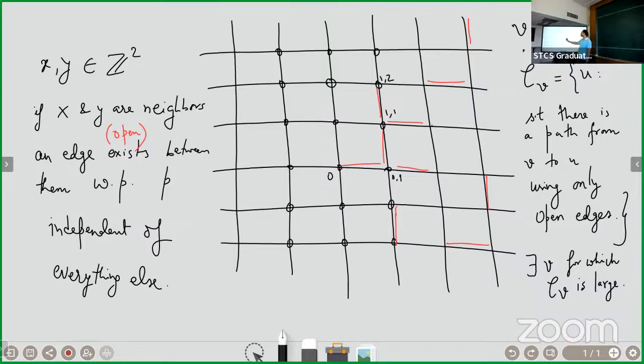So I can look at any one particular vertex and its connected component. In particular, we just look at the origin. Percolation happens if the probability that the size of the connected component of the origin is infinite is greater than 0, and doesn't happen if it is 0. That's my definition of percolation.